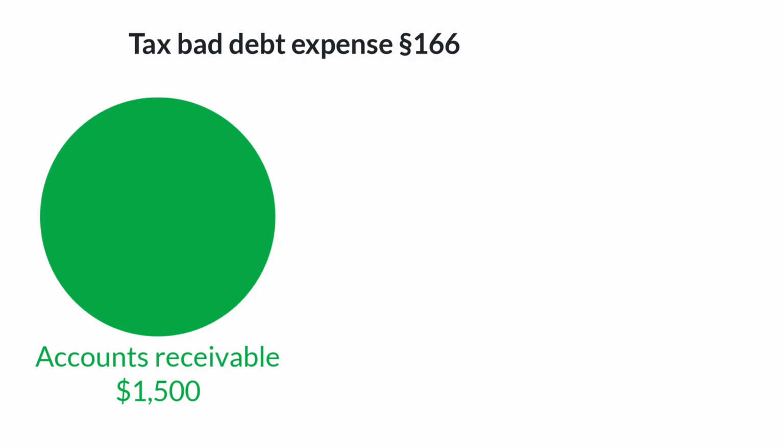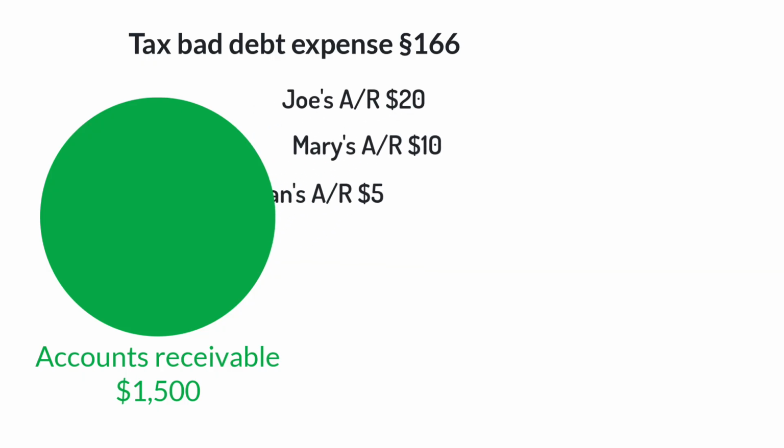Bad debt expense for tax is governed by Section 166. What it says is that we must specifically identify who it is that's not going to pay us and provide evidence for that in order to take a tax deduction. In this example, let's say during the second year we identify Joe, Mary, and Juan as not being able to pay us.